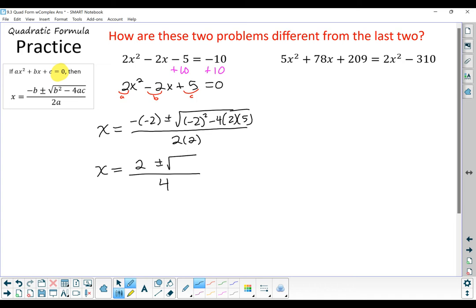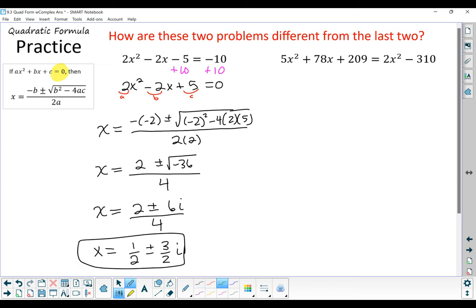And our square root, if we calculate that, that is a negative 36. So we've got 2 plus or minus 6i over 4. 2 over 4 is the same as the number 1/2, and 6i over 4 is the same as 3/2 i. So this is our answer in standard form.